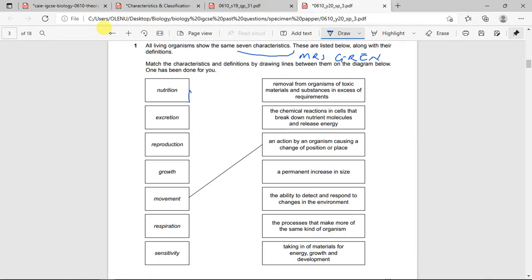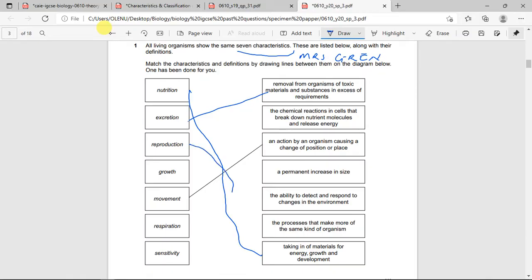Excretion is the removal from the organism of toxic material and substances in excess of requirement. Materials that are toxic, that's excretion. Reproduction is the process that makes more of the same kind of organism.